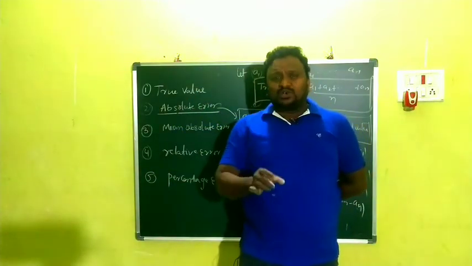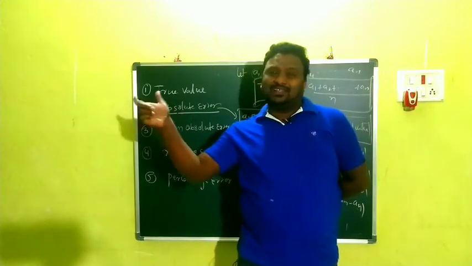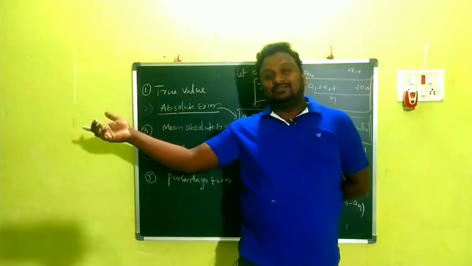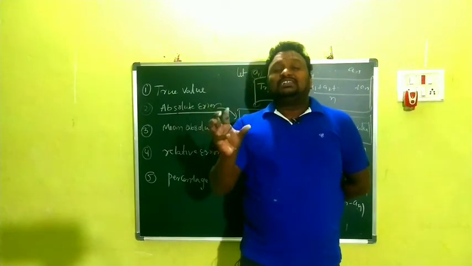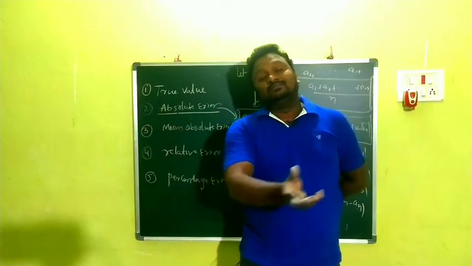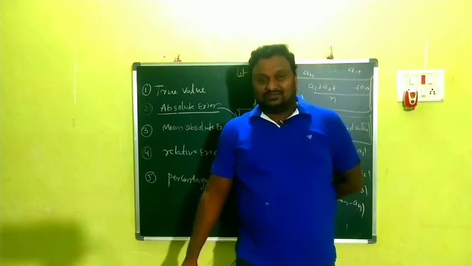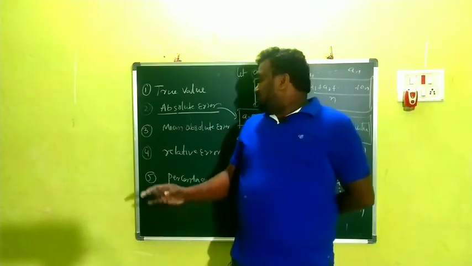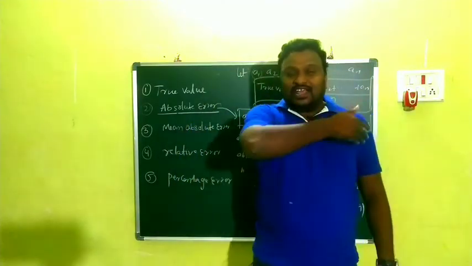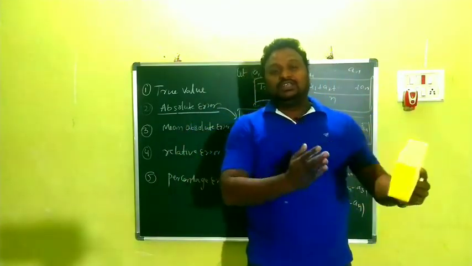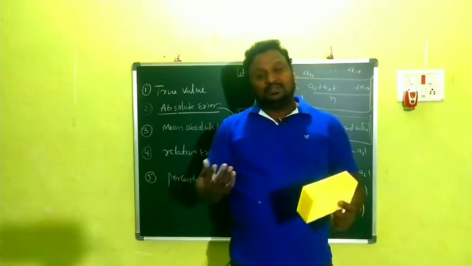In the title itself we have the story: mean absolute error. That means simply we are taking the average of all absolute errors. That is what we call mean absolute error. Clear? In our example, A1, A2, A3 and so on, AN are the measured values.